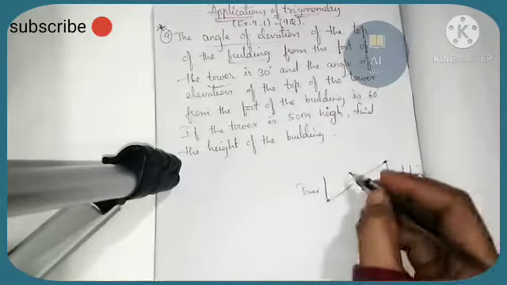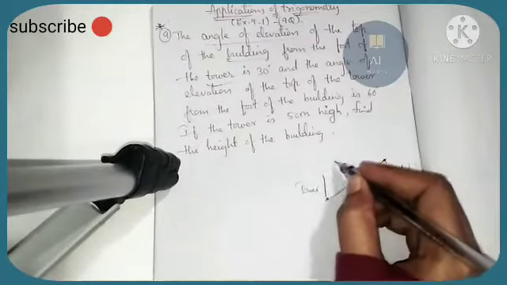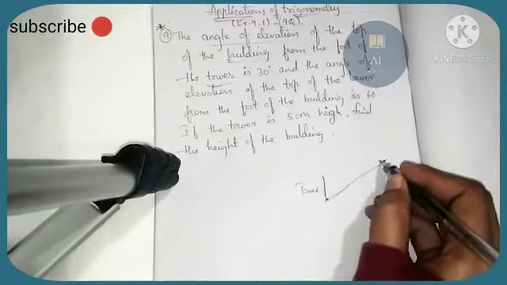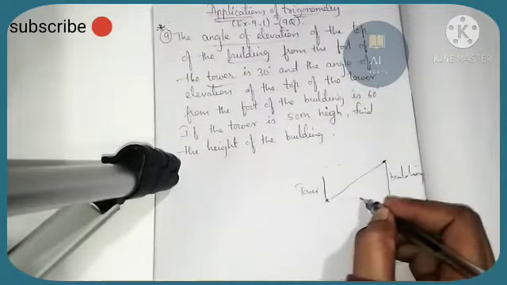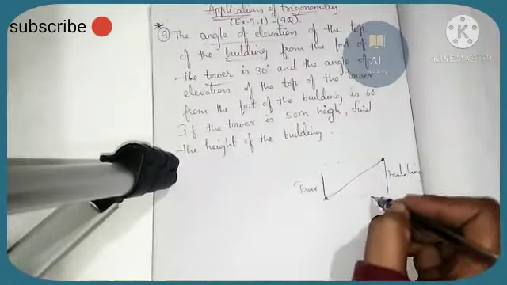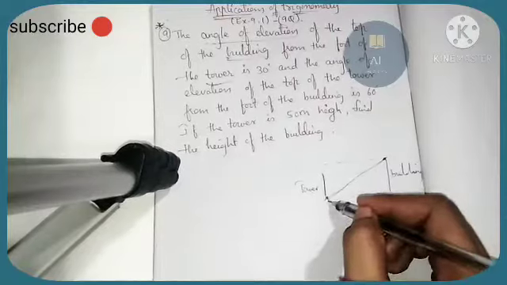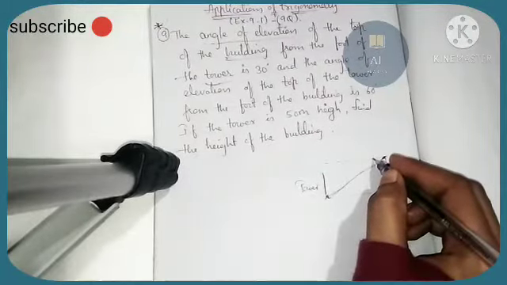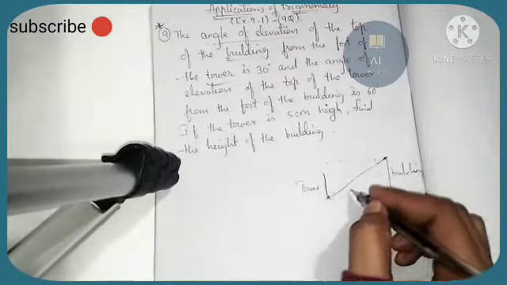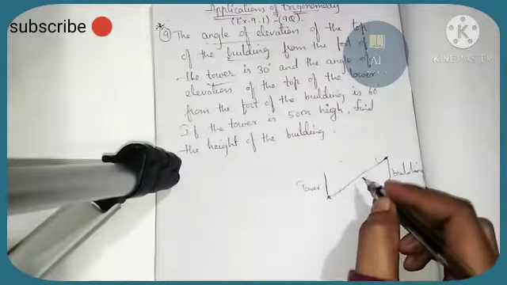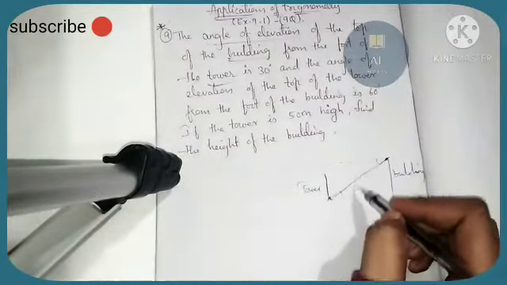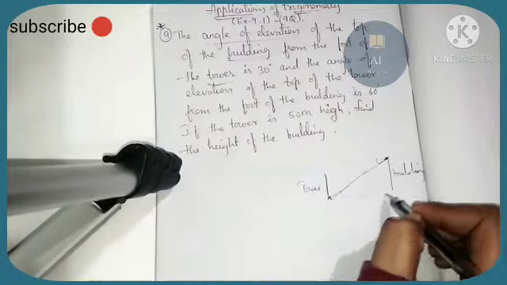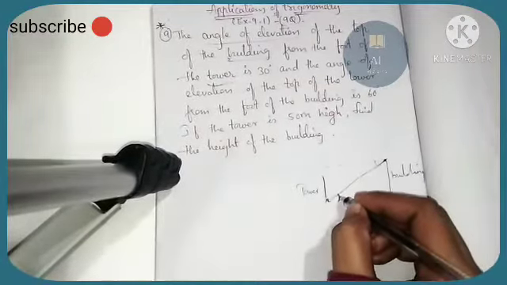After joining, here we can draw two horizontal lines from the top of the building and this. Your horizontal line we have to join from this line of sight. Here you can draw angle, but angle of elevation is given. So angle of elevation is always above the horizontal line.